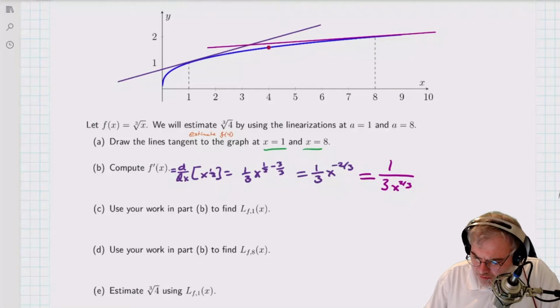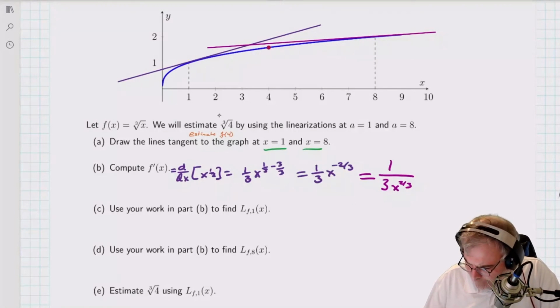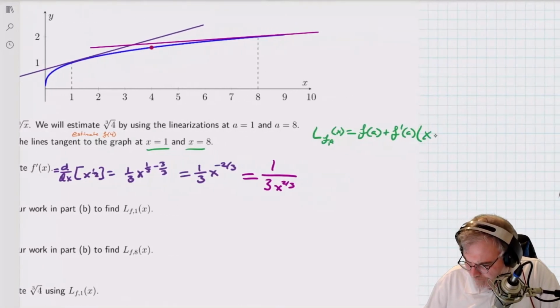Okay, I don't have this formula written on my page yet, so I'm going to write it here. L of x equals f of a plus f prime of a times x minus a.